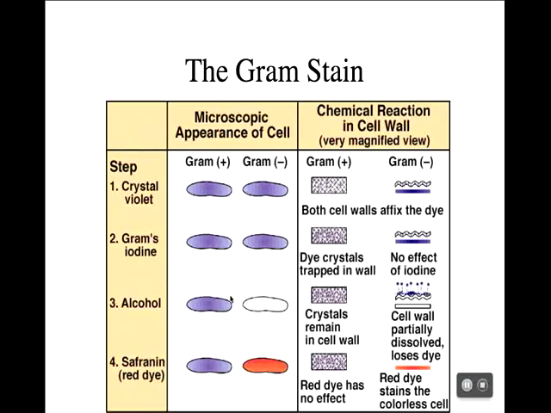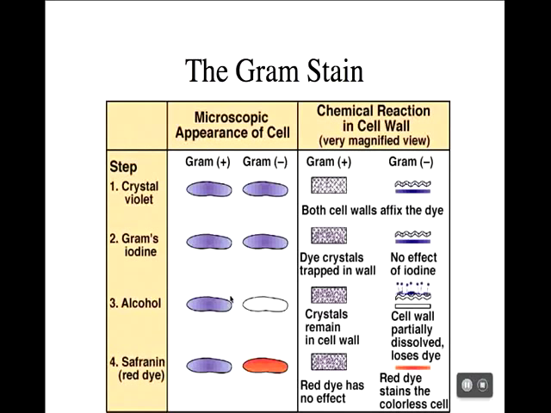For example, if you forgot to add the alcohol, what color would all cells be? If you forgot to add the alcohol, all cells would be purple because you never washed away the outer membrane of the gram-neg. If you got to the end of the gram stain and everything was pink, right, even things that you expected to be gram-positive, what would have caused that?